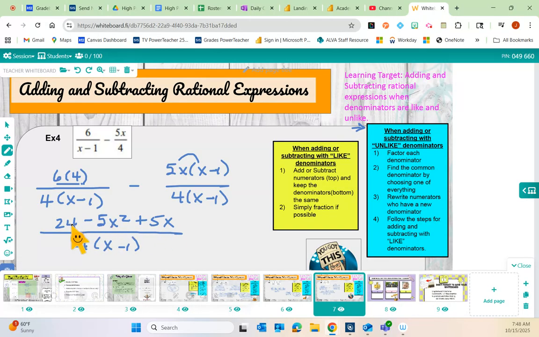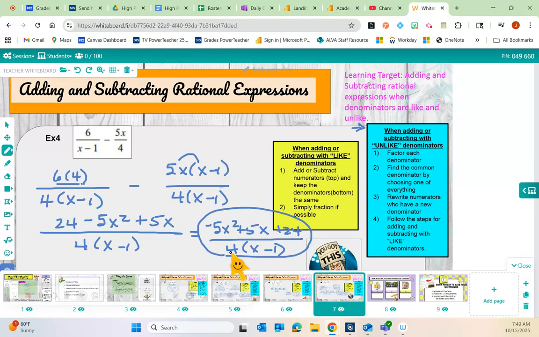None of the terms in the top are like terms, so I'll just write the x squared term first, and then the x term, and then the 24, and then I'll put that back over my common denominator. And it doesn't look like anything will simplify here, so this will be my final answer.